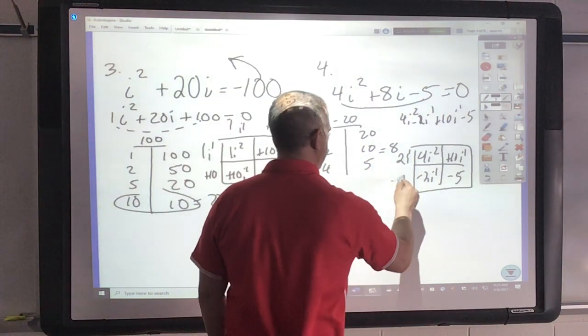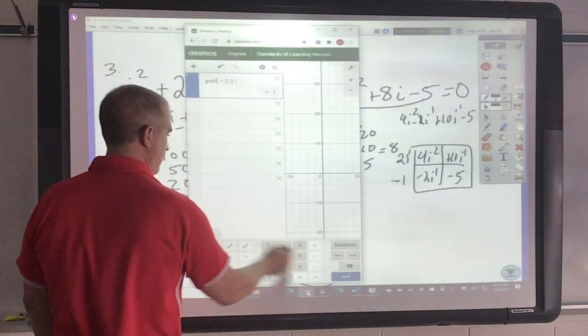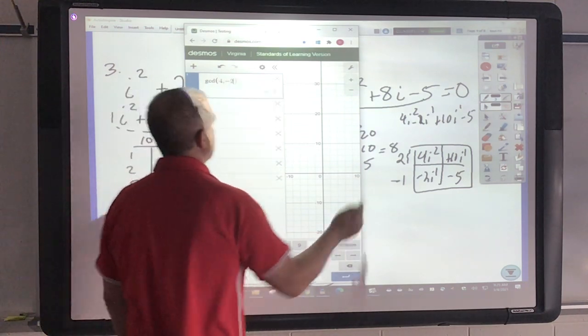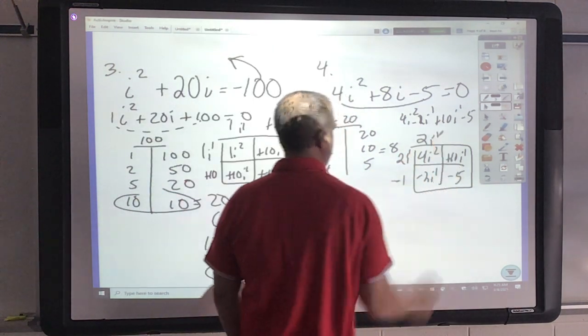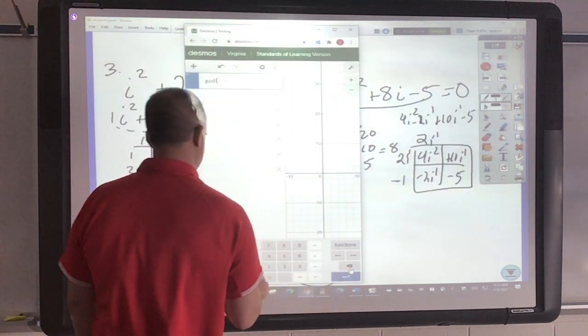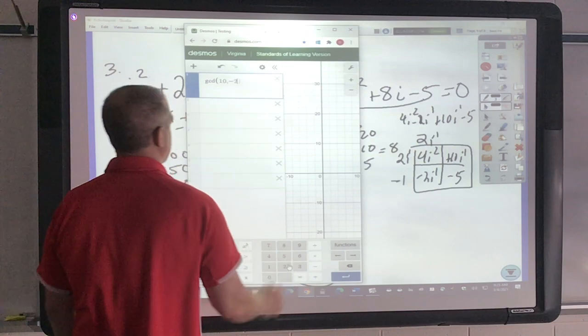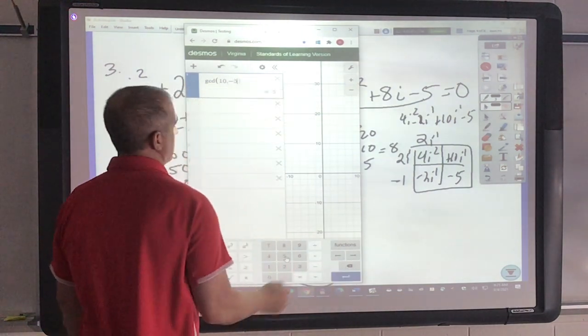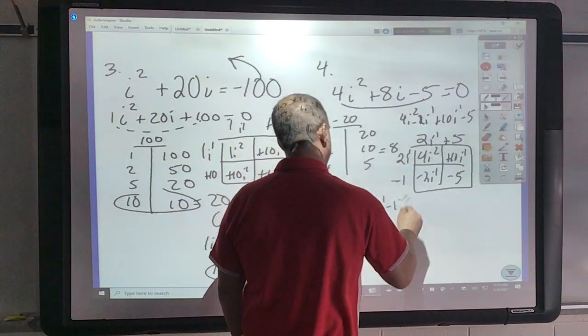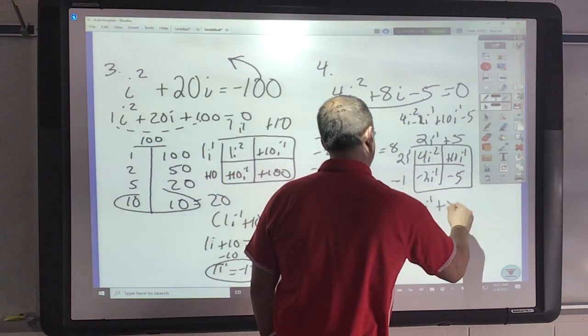There's a minus here, so minus there. 4 and negative 2 is 2i squared, and then 10 and negative 5 is 5, and there'd be a plus there. So factors are 2i to the first minus 1, 2i to the first plus 5.